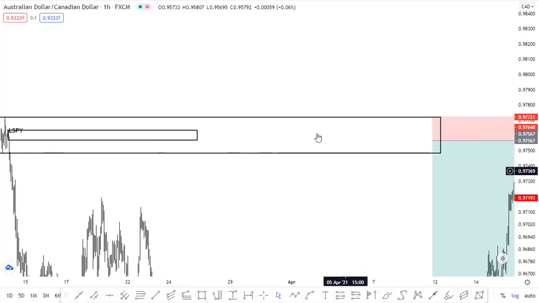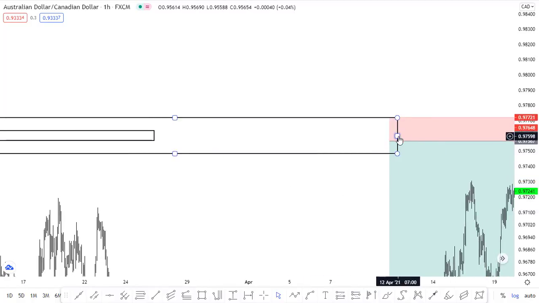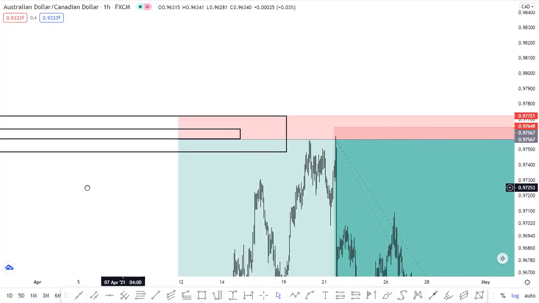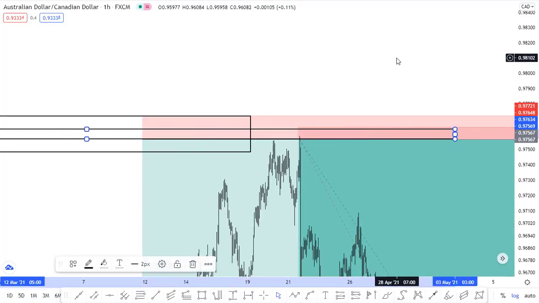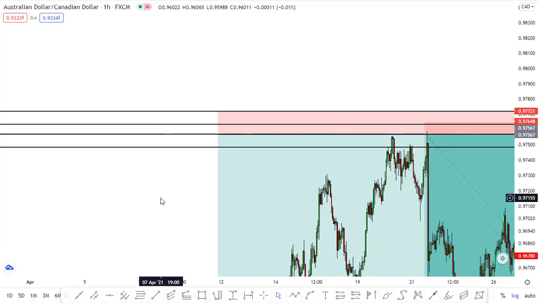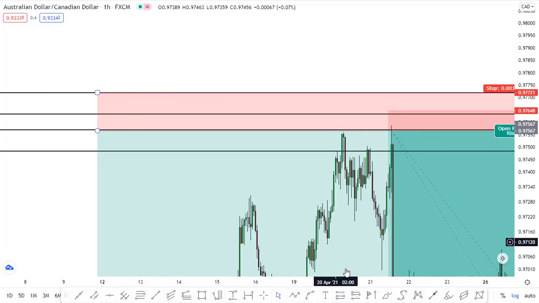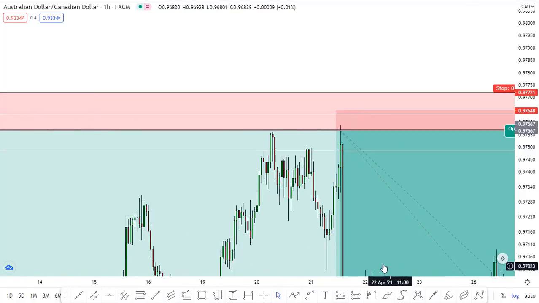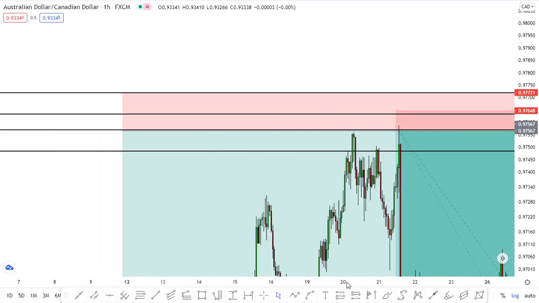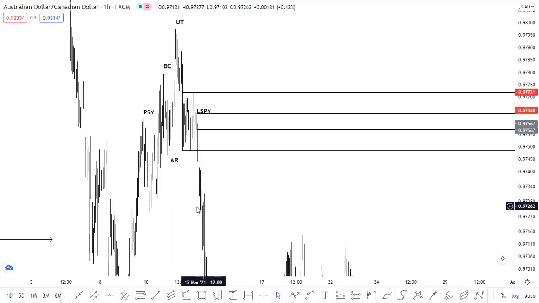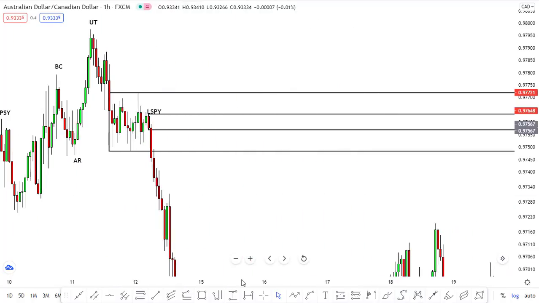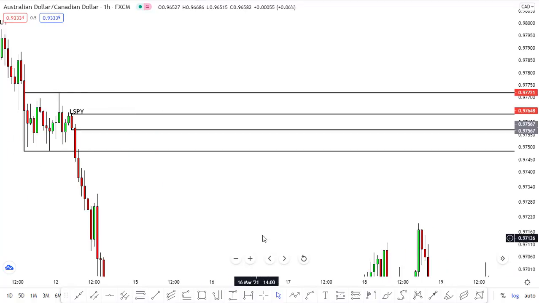This is the first level I used to take the trade, and this is the second level. As you can see, we could have used both of these levels as our entry levels, and that last candle of supply in the market could provide you a more accurate trade in this chart.